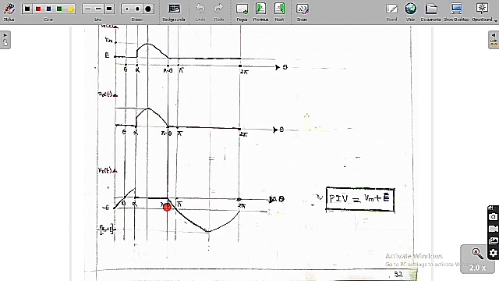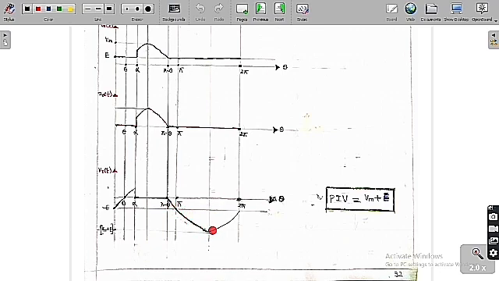From alpha to pi minus theta, it was triggered, so it is conducting and its voltage is equal to 0. From pi minus theta onwards, it will again be in reverse bias because Vs is less than E, so a negative voltage appears, and its voltage is equal to Vs of t minus E. You can plot this diagram.